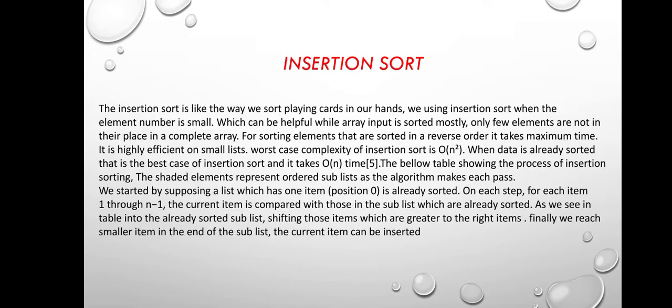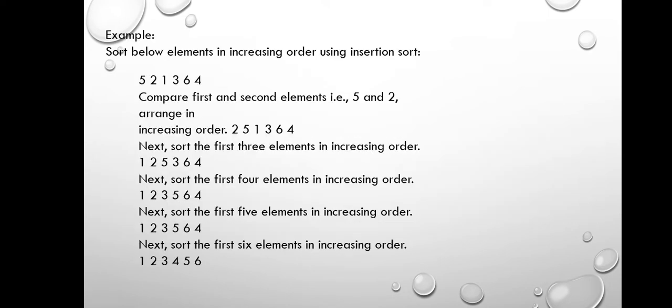Example for insertion sort. Sort the below elements in increasing order by using insertion sort: 5 2 1 3 6 4. Compare the first and second elements 5 and 2, arranging in increasing order: 2 5 1 3 6 4.